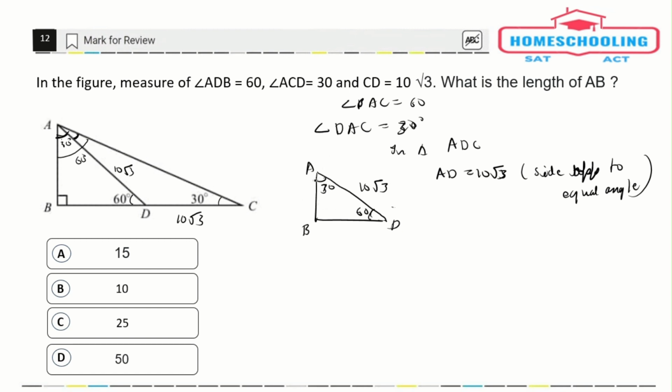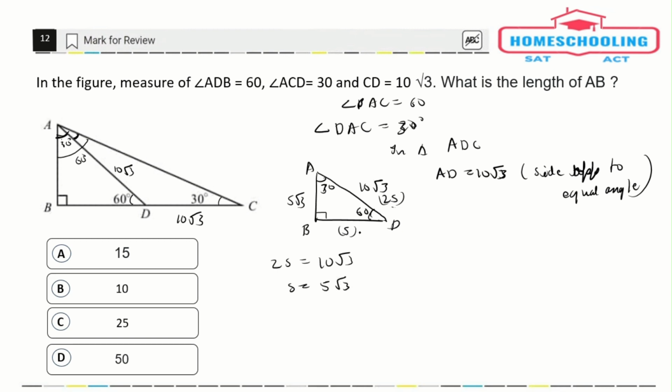As we have read in the basics, if a triangle has 90, 60, and 30, then opposite to 30 would be S, opposite to 90 would be 2S, and opposite to 60 would be S under root 3. So AD is 2S, so 2S is equal to 10 under root 3. So S can be written as 10 root 3 divided by 2, that would be 5 root 3.